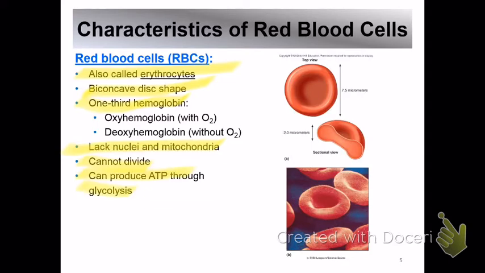So it's not like they divide and divide like skin cells or muscle cells or bone cells. They are born and then they die in the spleen. They can produce ATP through glycolysis, but they don't do all of cell respiration, so they don't have to have food particles. They have enough energy because they don't live for very long.